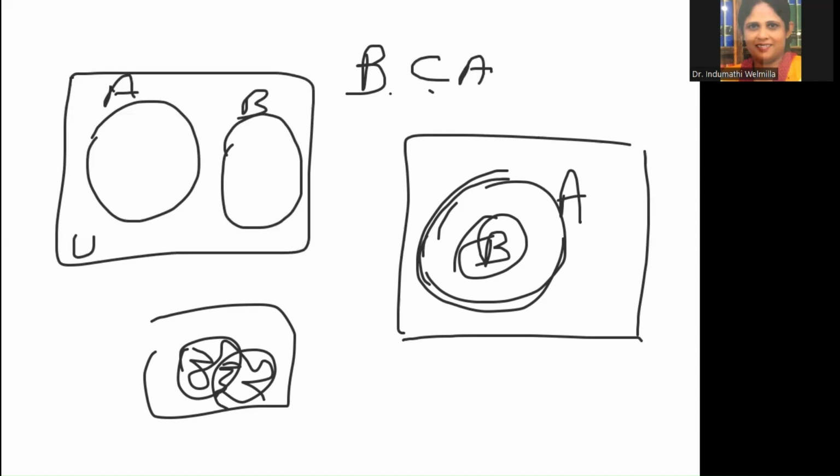In this session there is not enough time to discuss more, so it is better if you practice some set questions: how to show given information through a Venn diagram, and questions asking the probability of something happening.